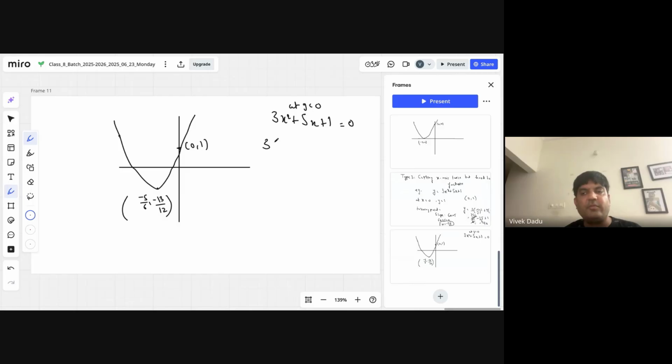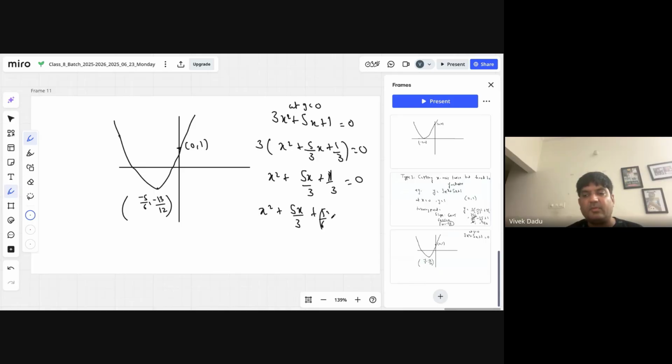Now it will not factorize easily, so you take 3 common. This is something which some of the people of this class hate doing or keep repeating the same mistakes. Value of b comes out to be 5 by 6, so plus 5 by 6 square plus 1 by 3 minus 5 by 6 whole square.